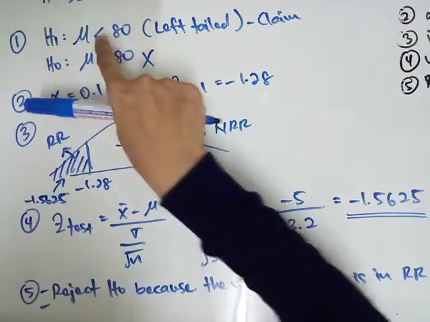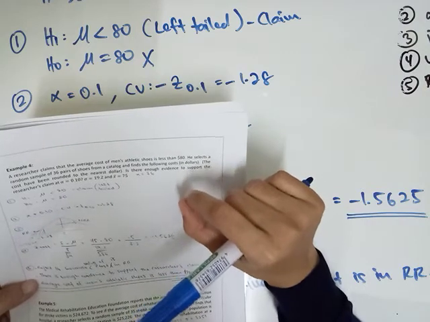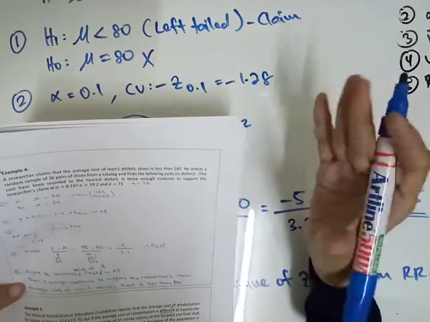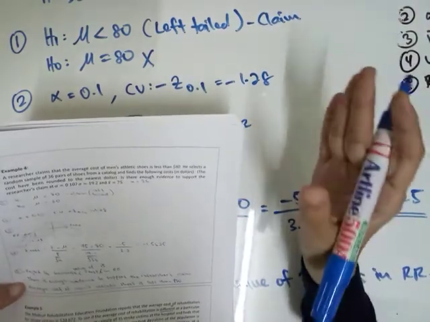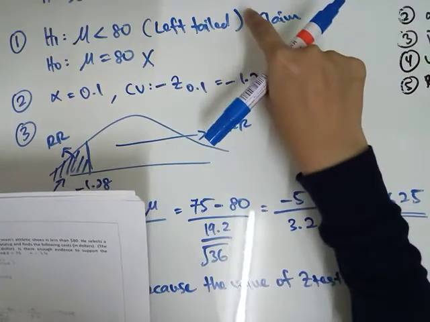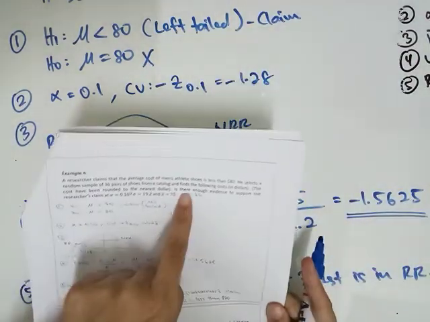That means the statement that the average cost for athletic shoes is less than 80 is true. This statement is true. So just answer.